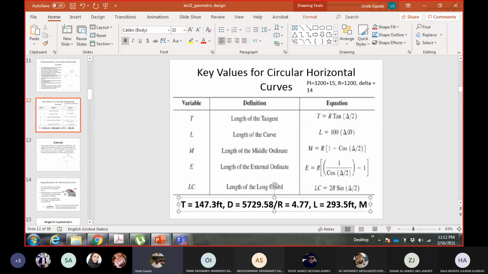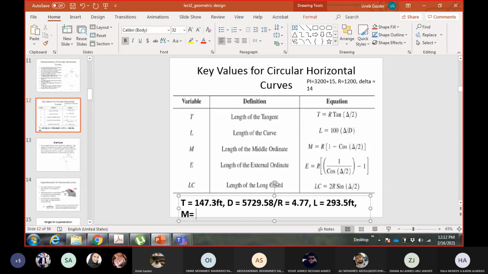Okay, then we have the middle ordinate. How much is that? 8.94. Okay, then E. 9.01.